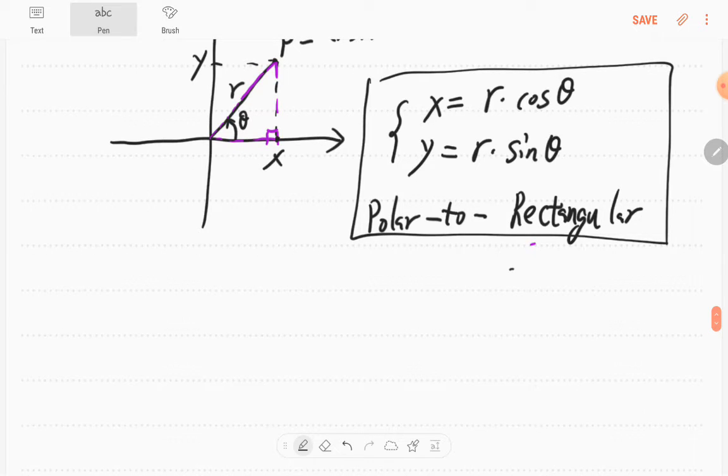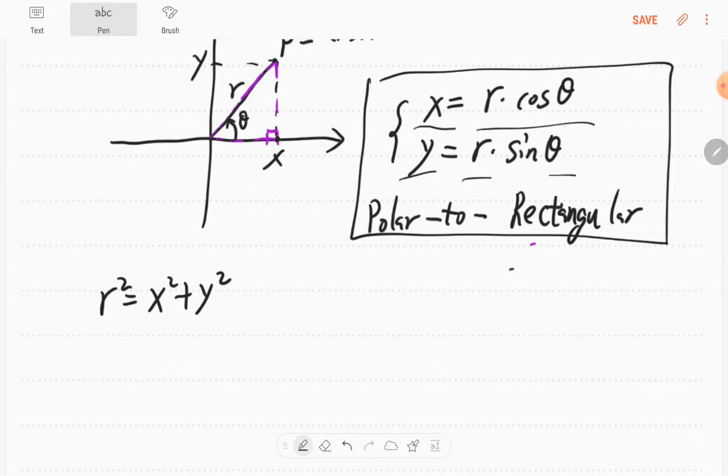What about the rectangular coordinates to the polar? If we square x, square y, then add them up, then cosine squared plus sine squared would be equal to 1. So it tells you that r squared would be equal to x squared plus y squared. If we say r is positive, then we just take the square root.